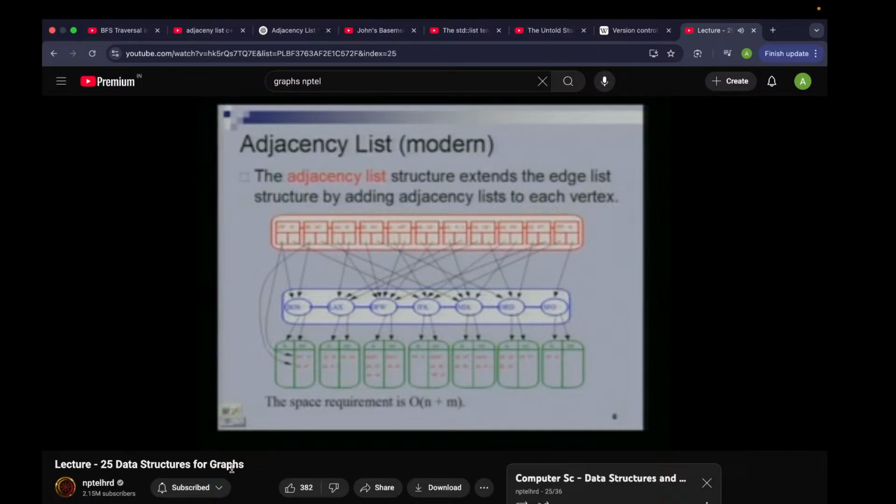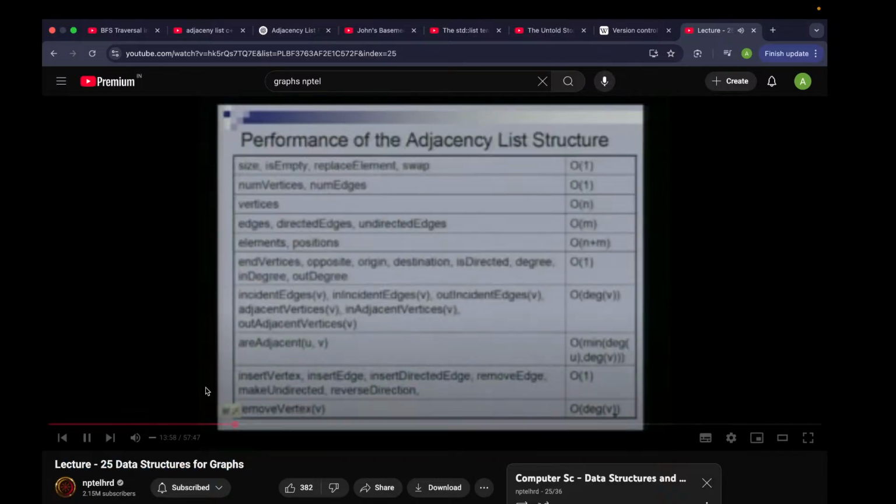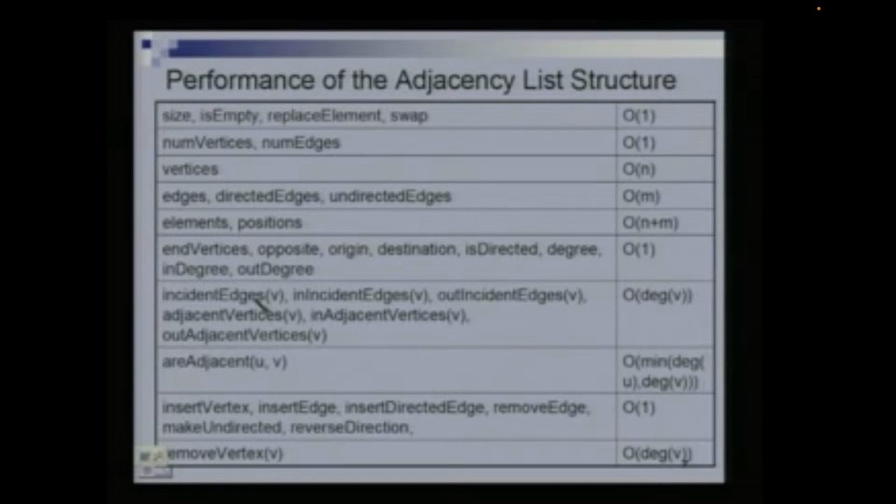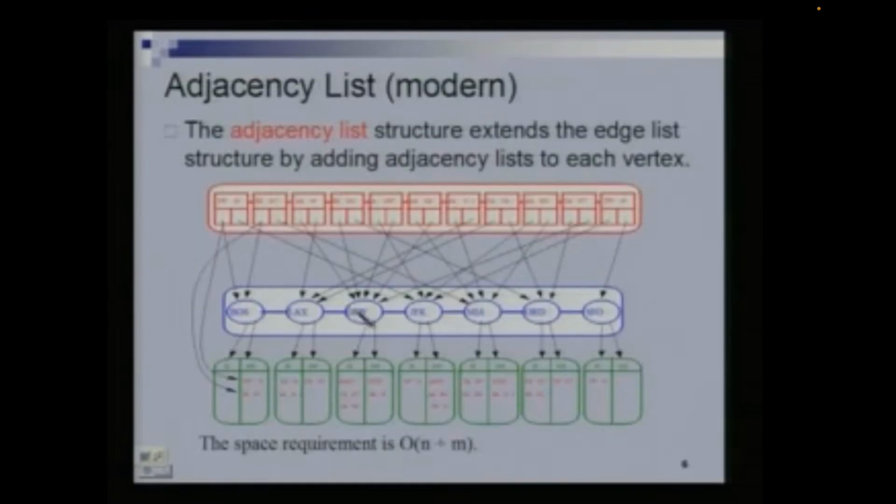Okay, so let's look at what are the time requirements for this particular data structure. Suppose I want to find the edges incident to a certain vertex.